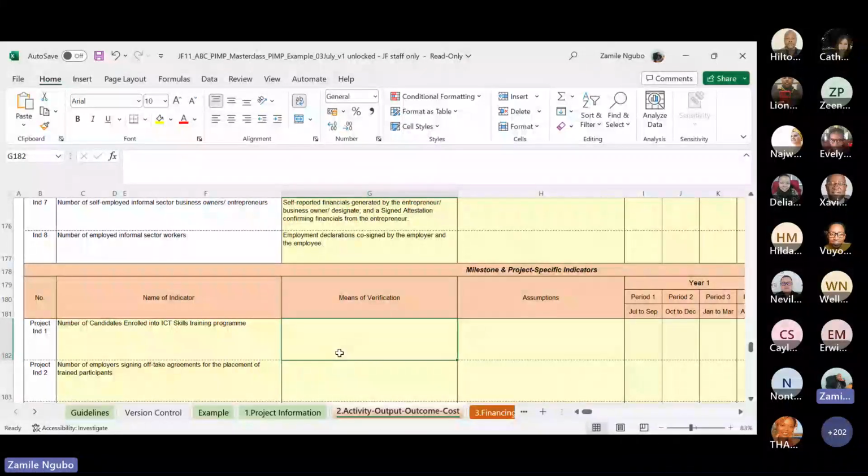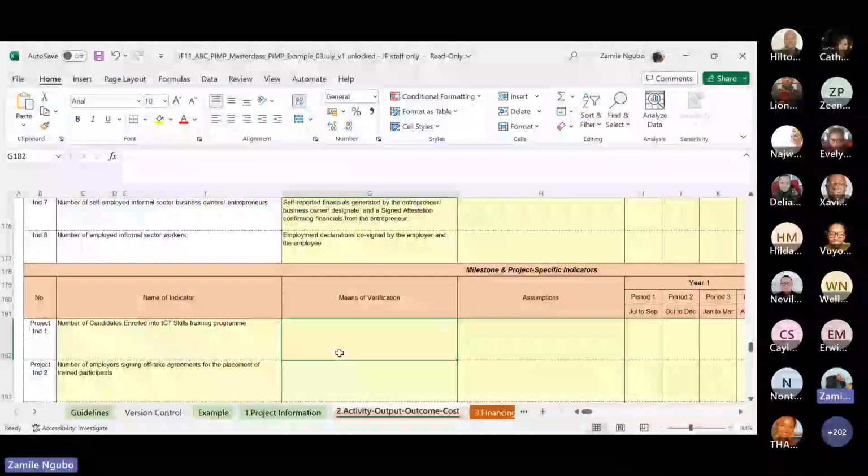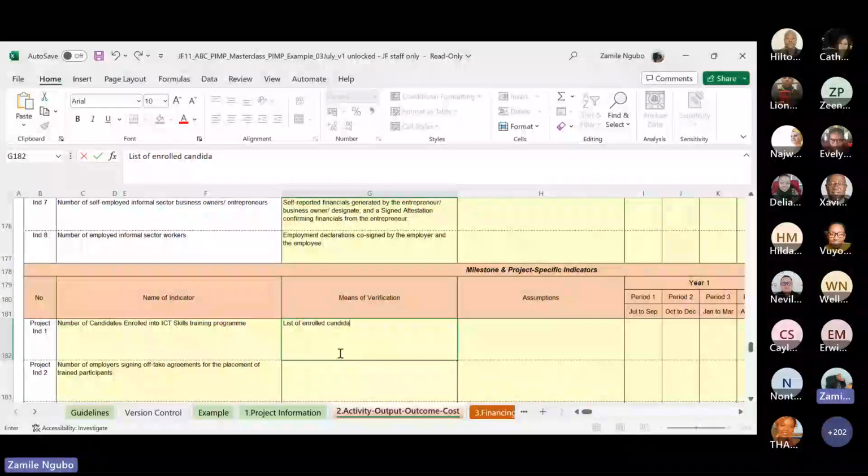So the means of verification there, because we don't have standard means of verification, here we will be dependent on the applicants or the Jobs Fund partners to provide us with those. So in this case, the means of verification will be a list of enrolled candidates. We want to see a list of how many were enrolled into the program.